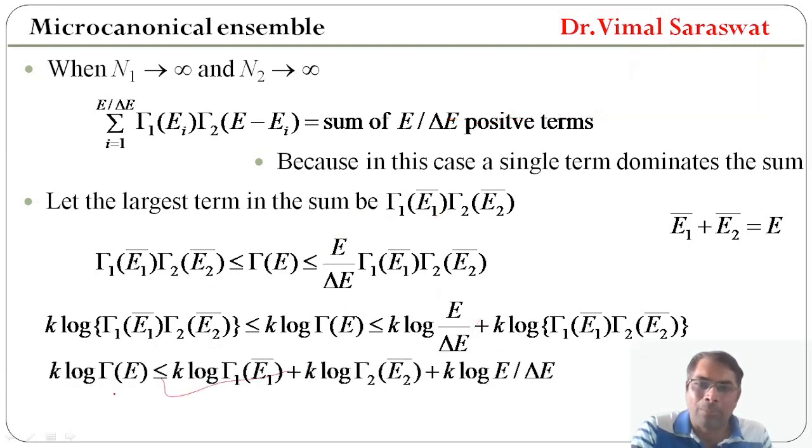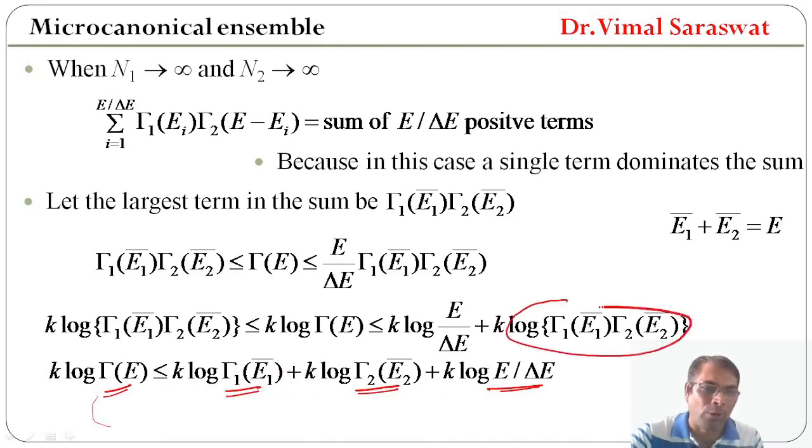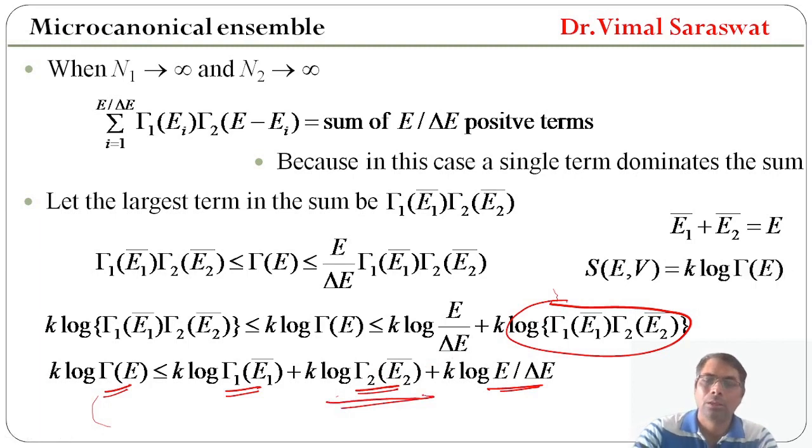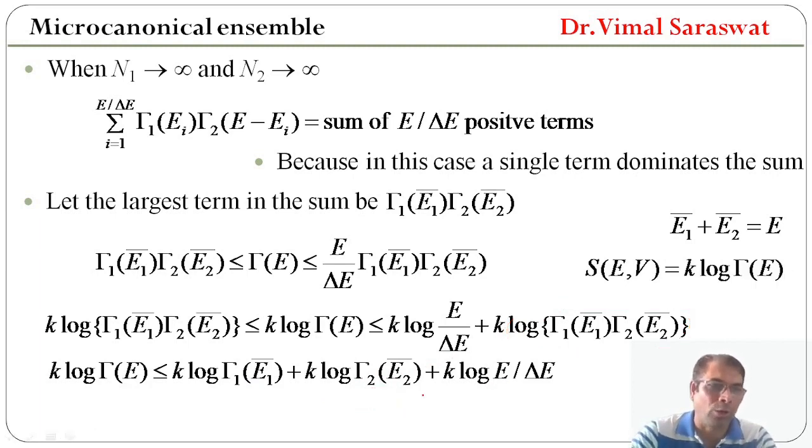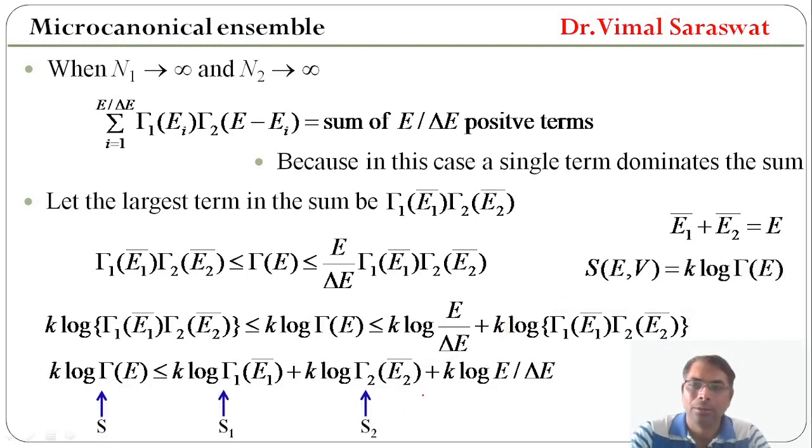Or k log gamma E is less than or equal to k log gamma 1 E1 bar plus k log gamma 2 E2 bar plus k log E upon delta E. We use here log of m times n equals log m plus log n, so we get this result. Since S equals k log gamma E, this is our S, this is S1 and this is S2.